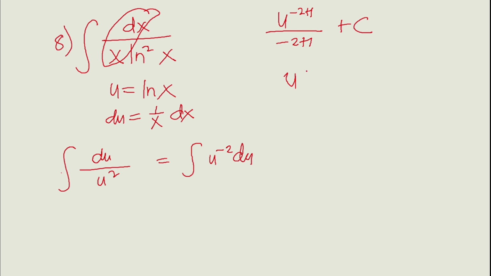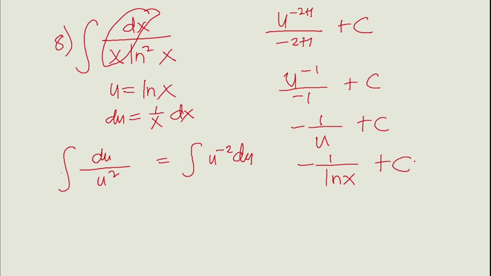So u raised to negative 1 over negative 1 plus c. So negative 1 over u plus c. What is our u? It is ln x. So this is the final answer: negative 1 over ln x plus c.